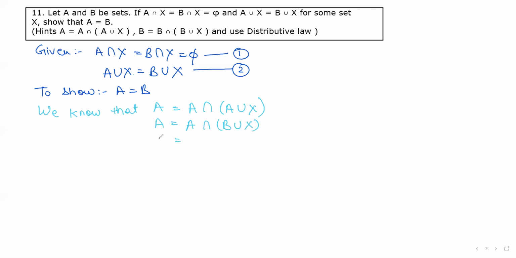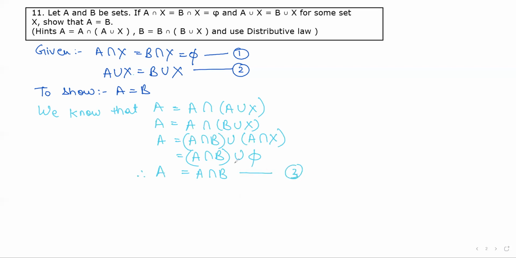Now you can open this. Your A is equal to (A intersection B) union (A intersection X). Now it's also given that A intersection X is equal to phi. So this can be written as (A intersection B) union phi. This is equal to A intersection B. Therefore, A is equal to A intersection B.